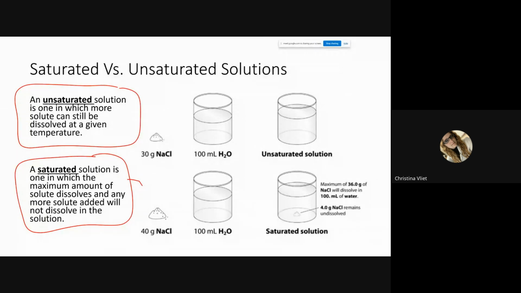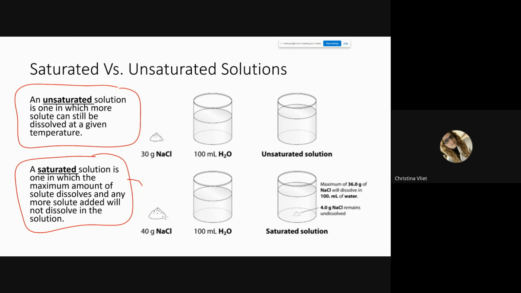I have not reached my saturation point. Once you have saturated the solution, anything else you add cannot dissolve anymore. You have dissolved as much as you possibly can, and anything else will just fall to the bottom. No matter how hard you stir, it isn't dissolving because you don't have enough water. You ran out.